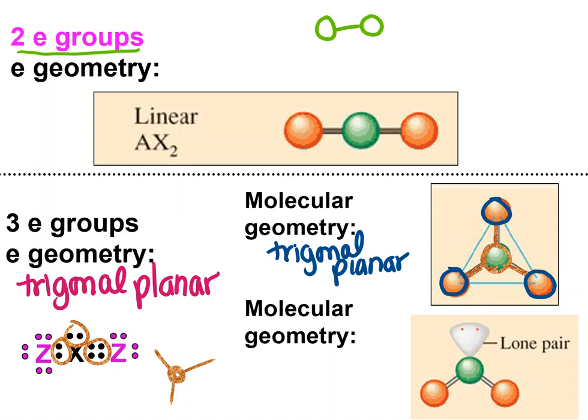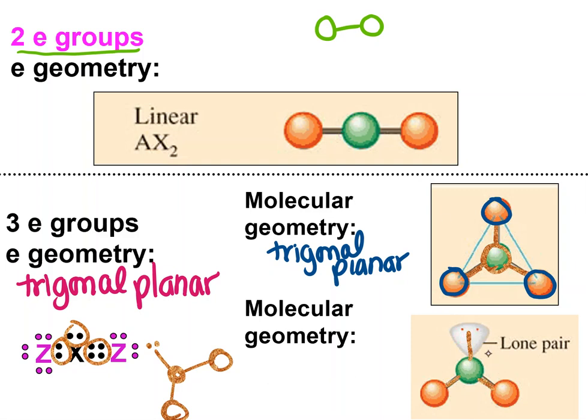Here's where it gets different, if you have a lone pair. This one is like this molecule here. It has a lone pair, so it's a lone pair and two atoms. This lone pair is drawn kind of big because that's really how it is. It really sticks out like that. In this case, the electron geometry is still trigonal planar.